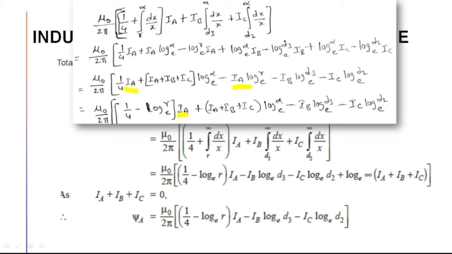IA into the remaining term is 1/4 minus log R base e, and the remaining term is IA plus IB plus IC times log infinity base e, minus IB log D3 base e minus IC log D2 base e. This is the solution.